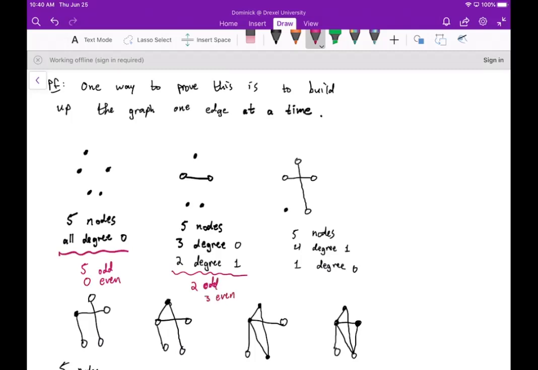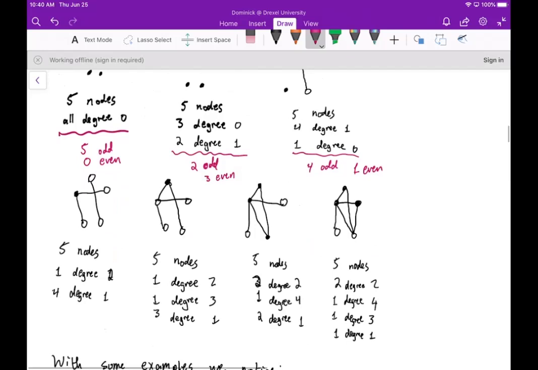If we add another edge, it looks like we're going to get 4 odd and 1 even. Then for adding another edge, we have 1 even and 4 odd.